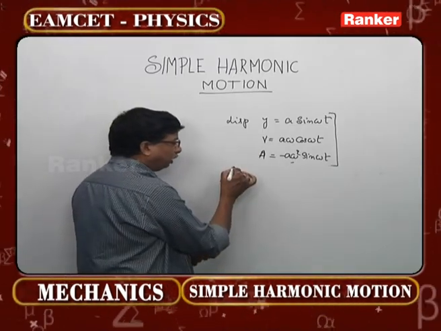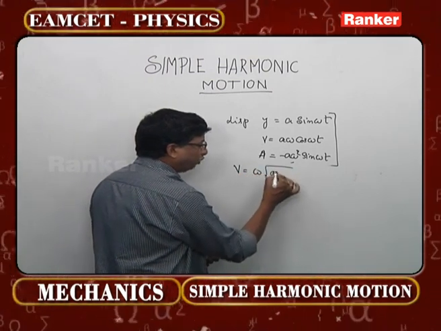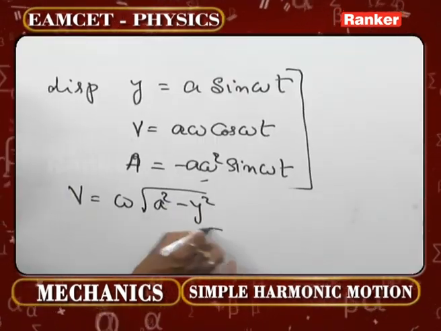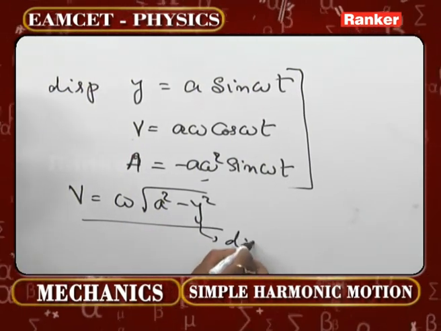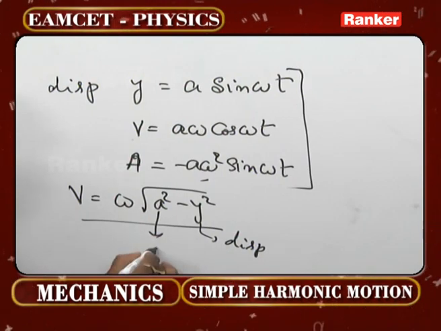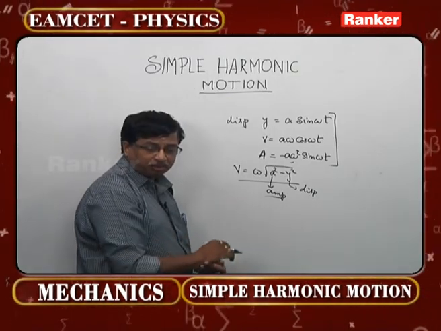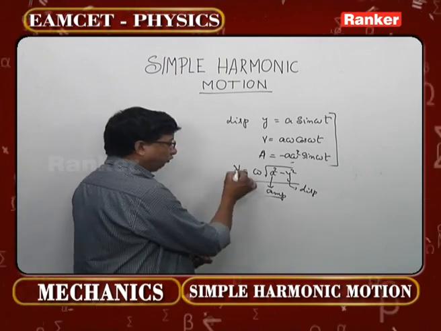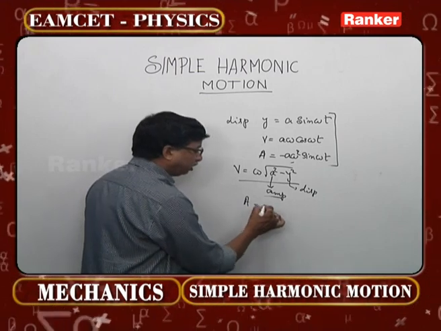Coming to the next one, what is the velocity of a particle in SHM? Omega root a square minus y square we used to write, y being the displacement here and a being the amplitude. Amplitude is nothing other than the maximum displacement of the particle. So if velocity is this much, then what will be the acceleration of a particle in SHM?